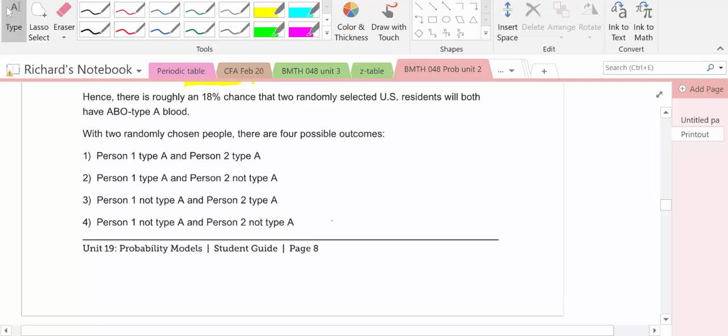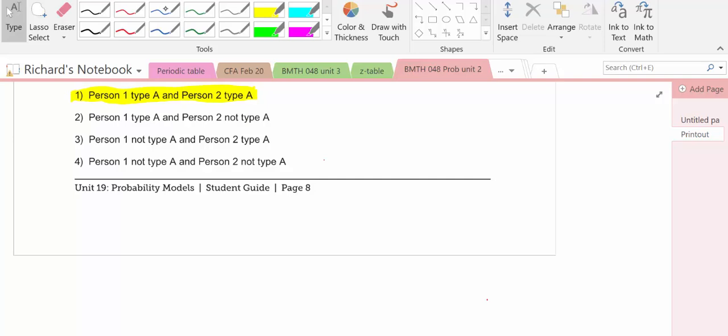So what we've got to do is look at the four different situations. If I'm trying to calculate the probability that at least one of the two people is not type A, I'm going to calculate the probability of event 2, or 3, or 4 occurring.